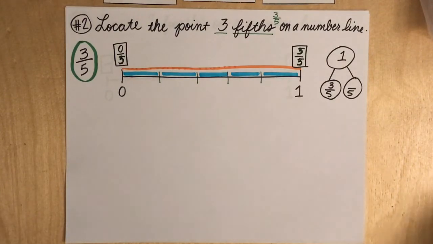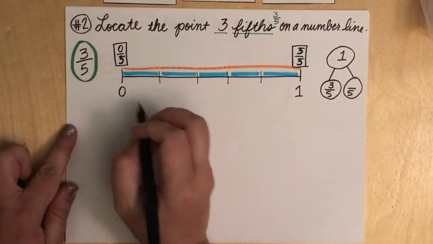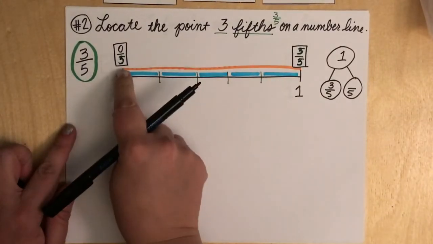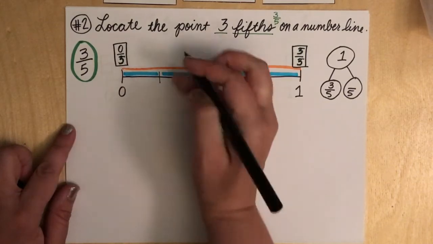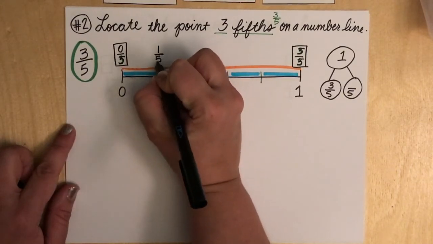Now let's go ahead and label our fifths. So here we have 0 or 0/5, and then we have, and trace your finger with me, what do we have at the first one? How much distance have we traveled? We've traveled 1/5.